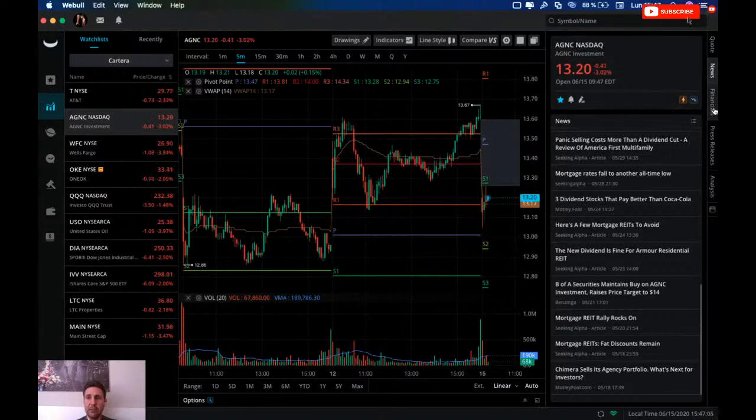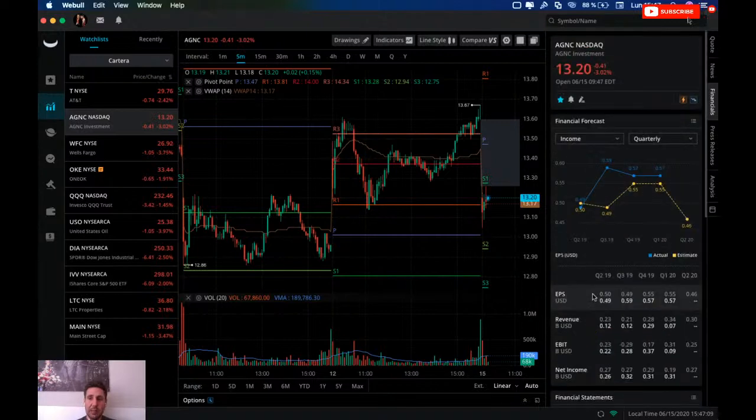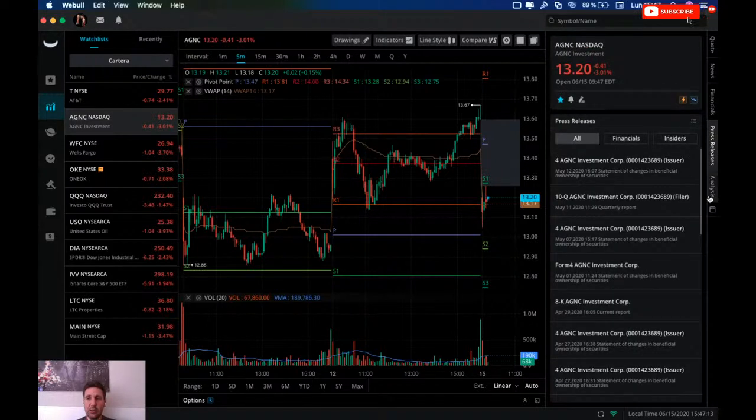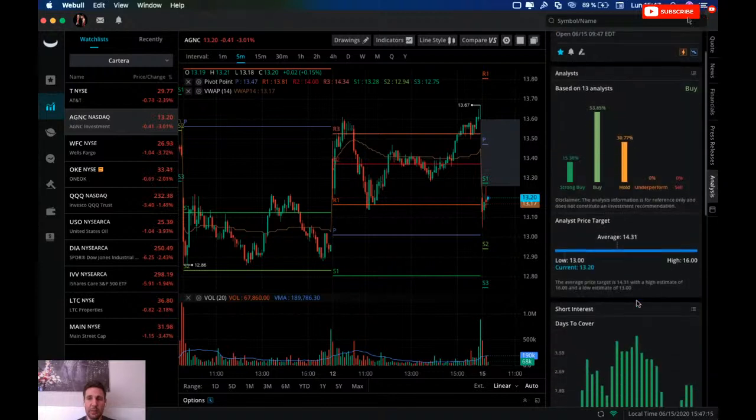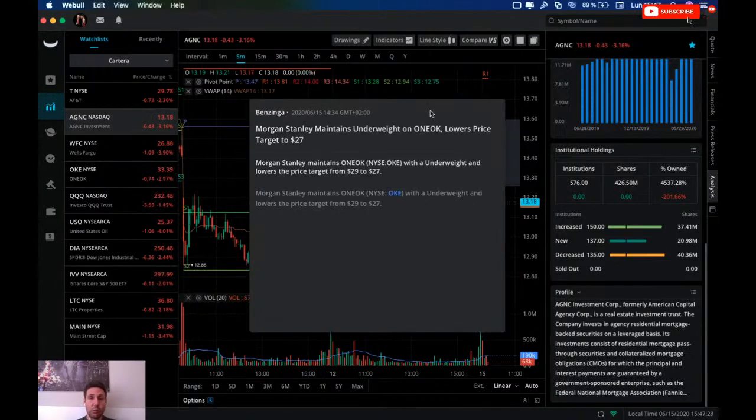You can find its financial statements much faster and easier to see. You have some press releases and some analysis that will also be interesting to see what they think about the market. So it's a really nice application to use instead of Etoro for making charts and for studying the market.